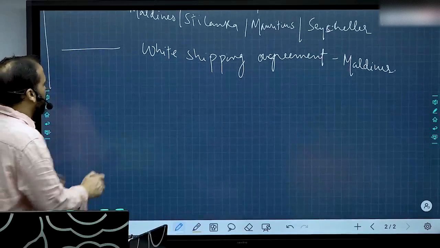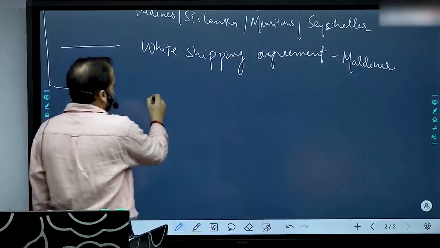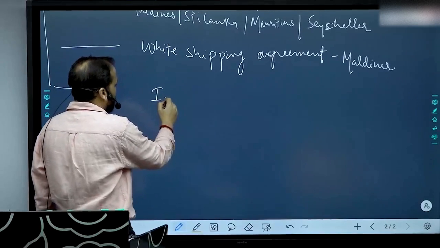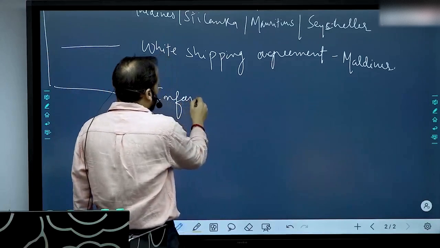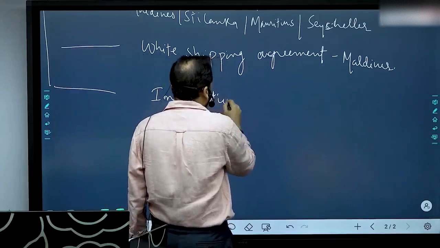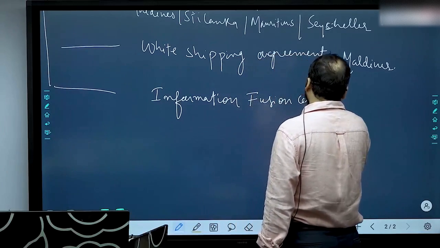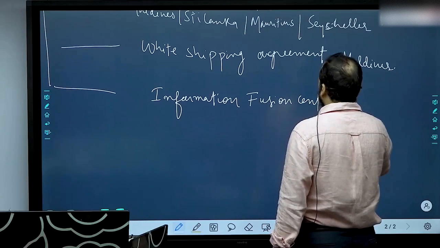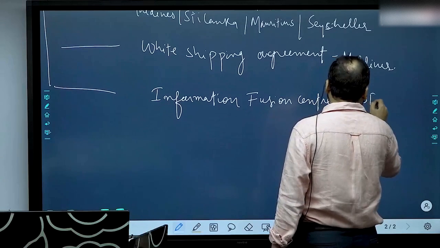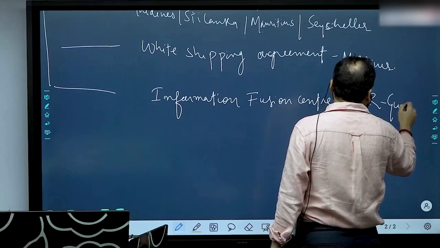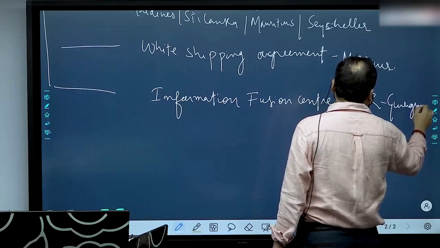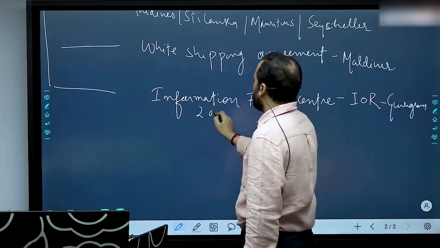Similarly, the Indian Navy has developed the Information Fusion Center of the IOR region. It is located at Gurugram. So it became operational in 2018.